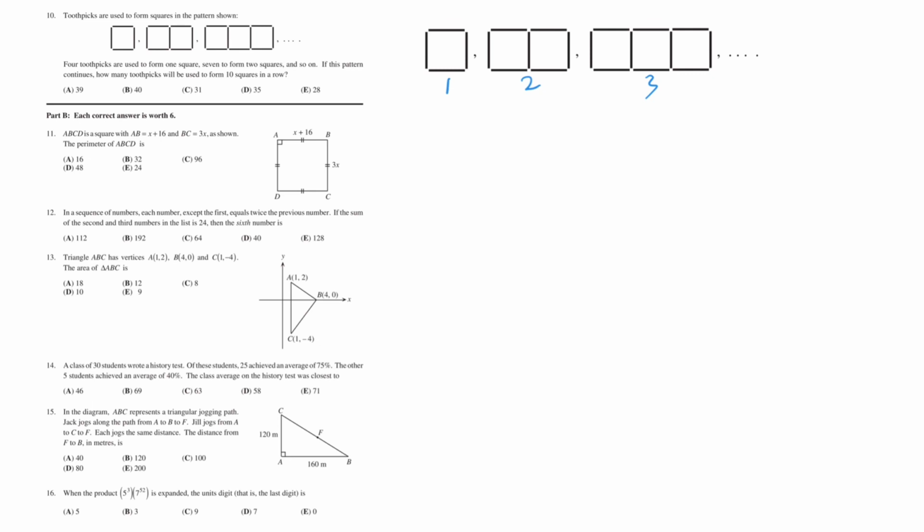Figure 1 has 4 toothpicks. Figure 2 is 4 plus 3, that's 4 plus 2 minus 1 times 3, because each time we add 3. So the first one is 4, the second one is plus 3, that's 7, plus 3 that's 10.